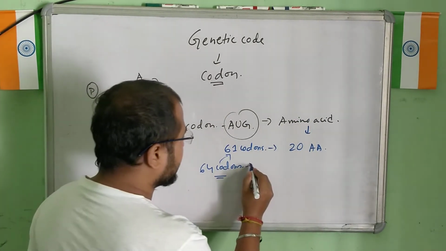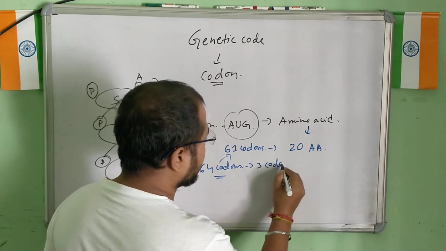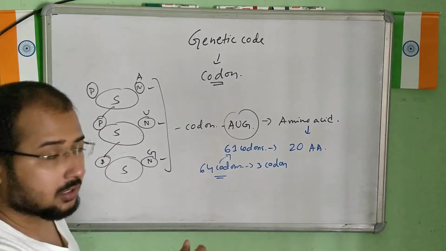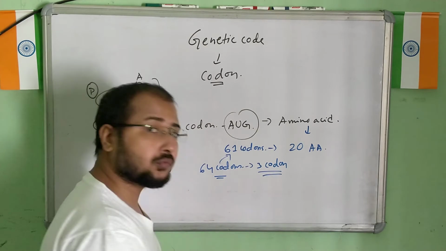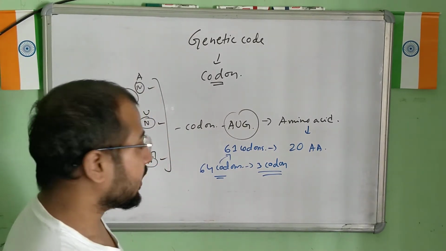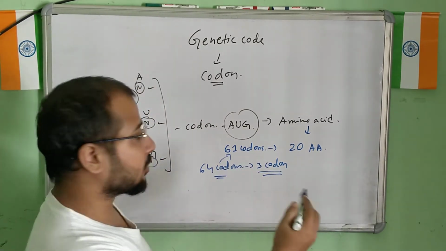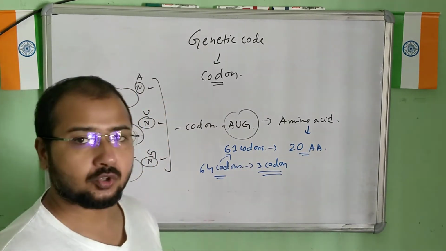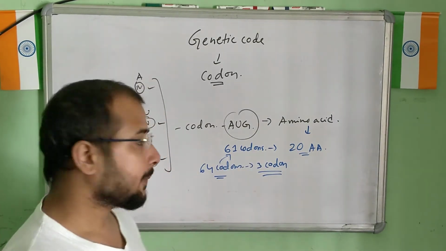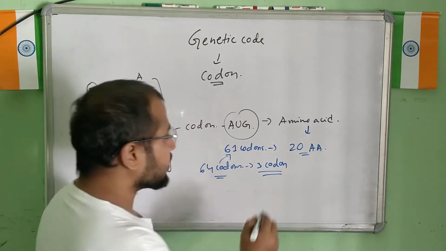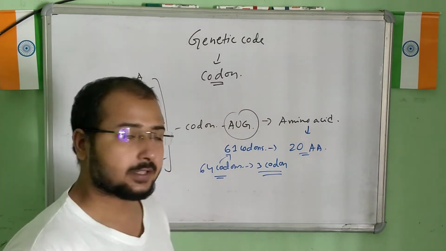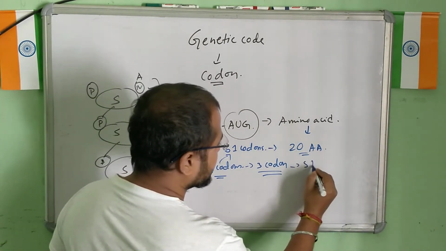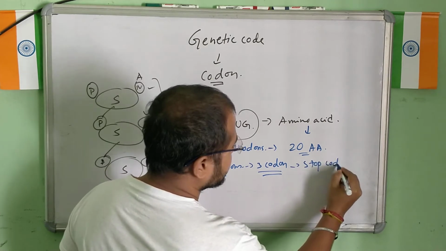Okay, and the remaining 3 codons, which I didn't mention here, don't code for any amino acid. Rest all 61 codons code for 20 different amino acids. The 3 codons which don't code for any amino acid are known as stop codons.